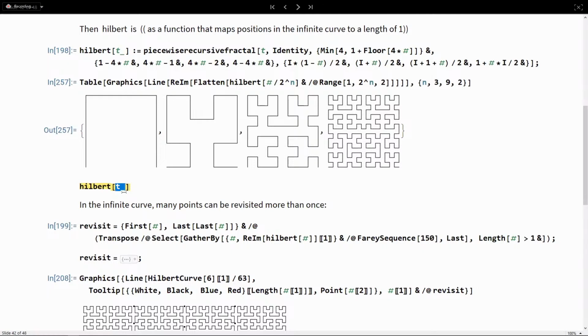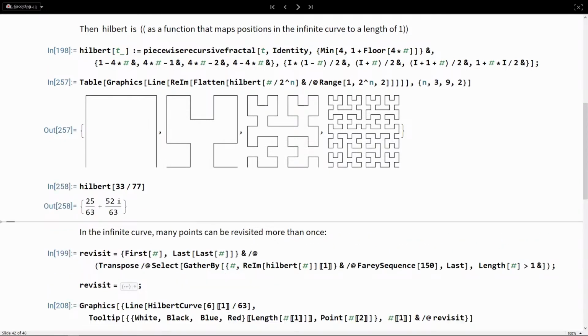I can put in, say, 33 over 77, and this will give the location in the complex plane where the curve will be when it gets to that point in the infinite length curve, where infinity is scaled back to 1.